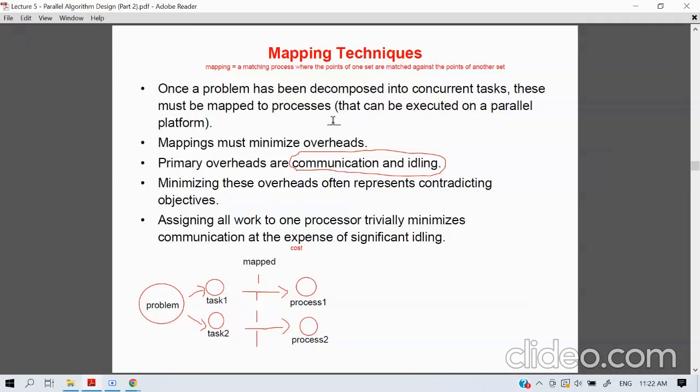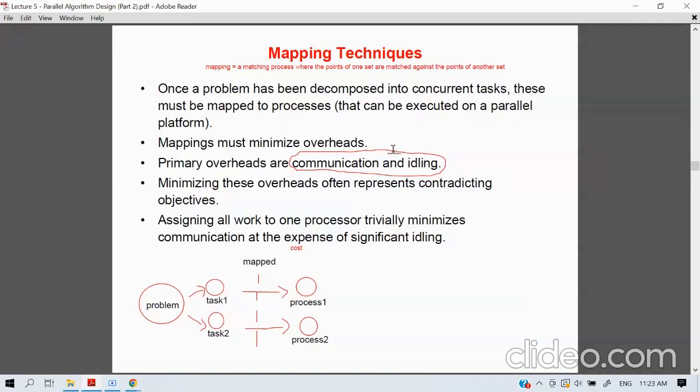When we do mapping, we have to make sure that the mapping process must minimize overhead. What overhead do we need to consider? There are two primary overheads, which are communication and idling. Why communication and idling?